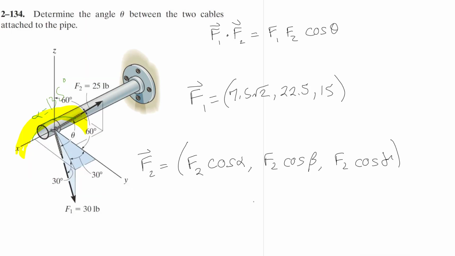So that's going to be 25 cosine 135, 25 cosine 60, and 25 cosine 60. So that's what I'm looking at there.